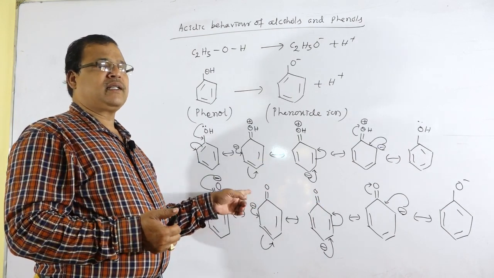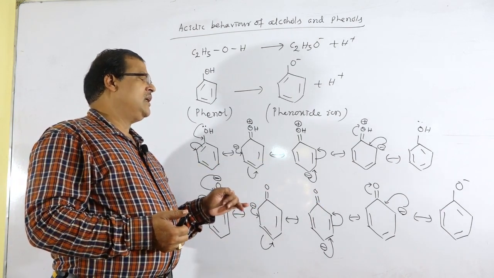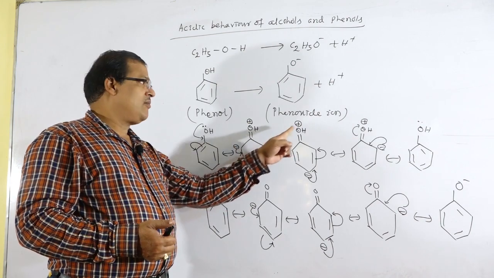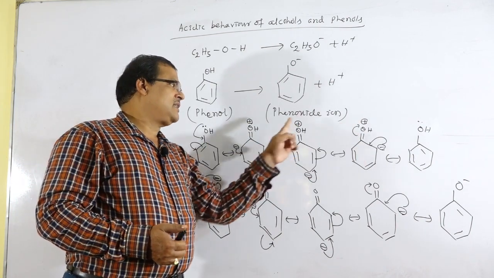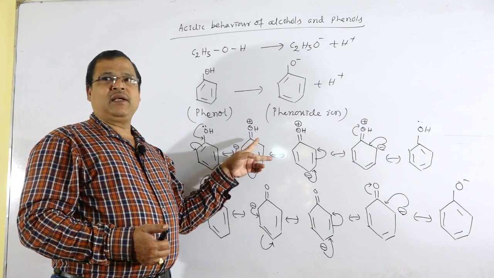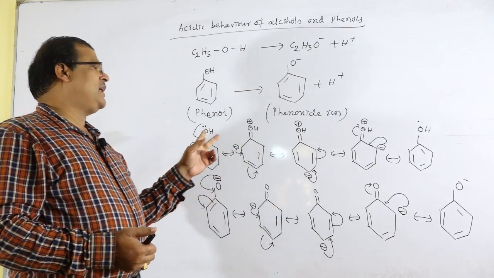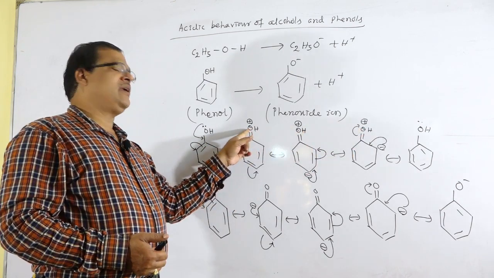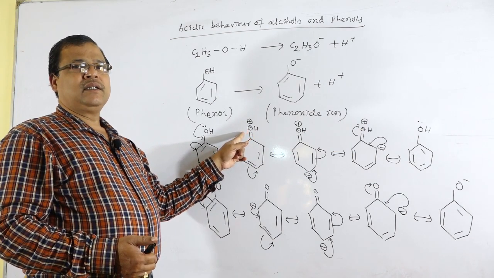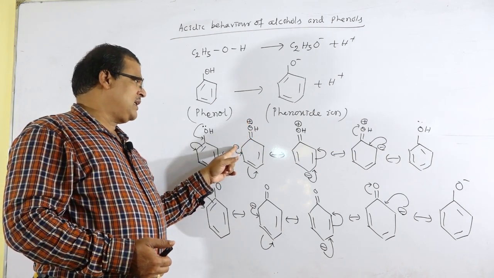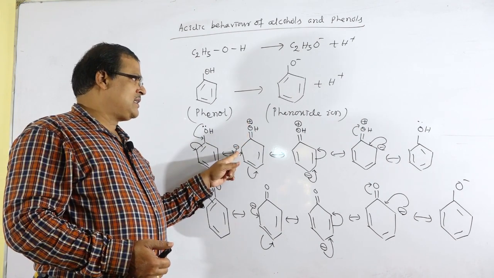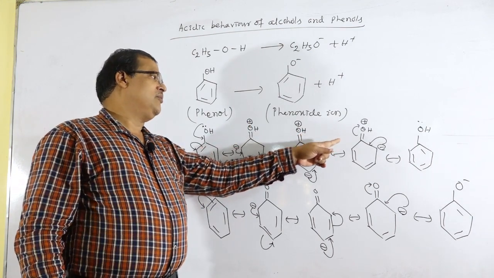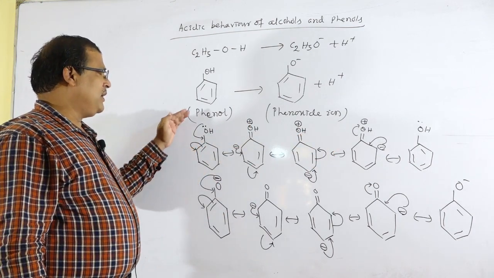In the first case, phenol, there is charge separation, and charge separation means less stability. The more electronegative element, oxygen, acquires a positive charge. So in phenol, the stability is less.